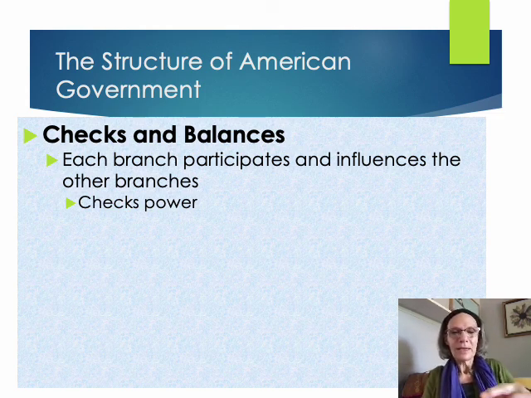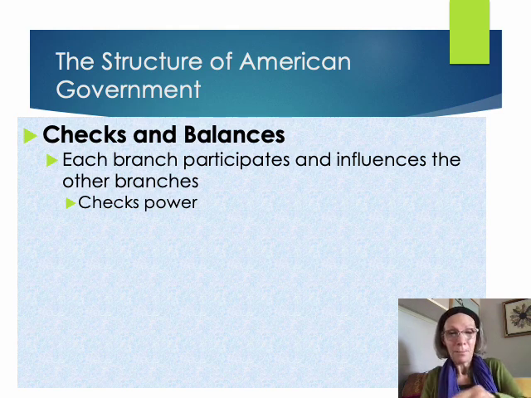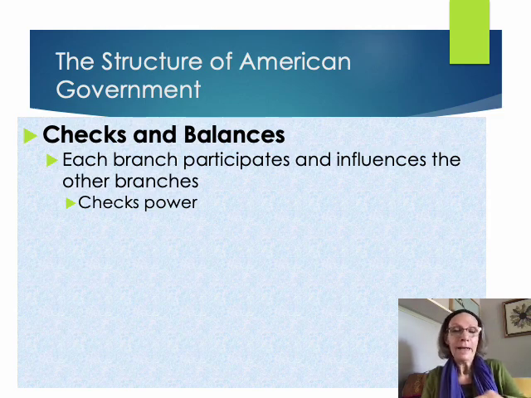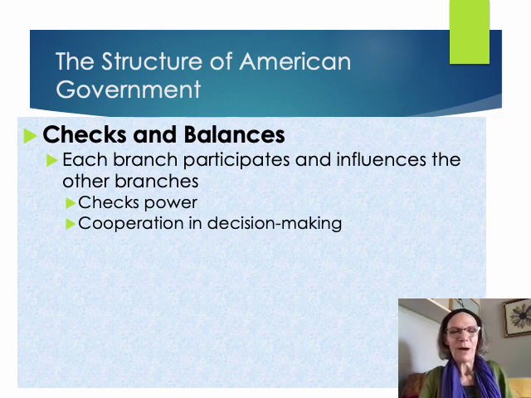So if the legislature just passed laws, and the president didn't have to sign those bills into law or have the capacity to veto a bill passed by Congress, then the legislature could abuse its power. It could create a whole host of laws that were unconstitutional or just wrong-headed or dangerous because there was no other institution checking that. So checks and balances checks power and keeps power from being abused.